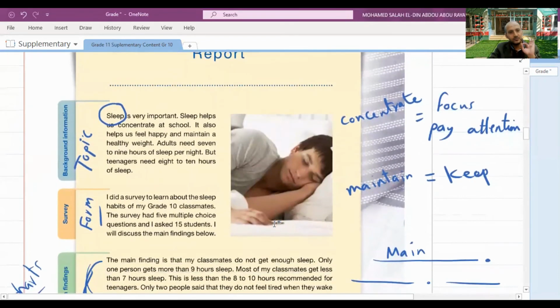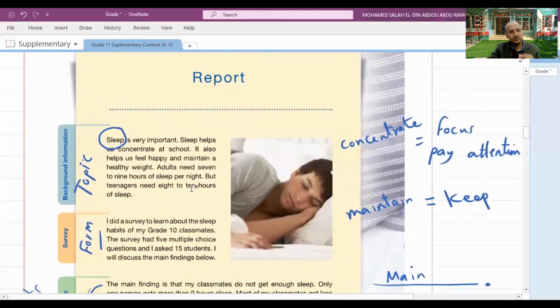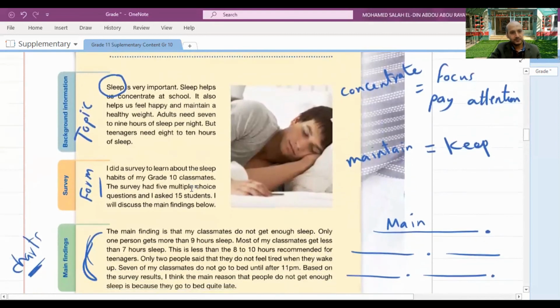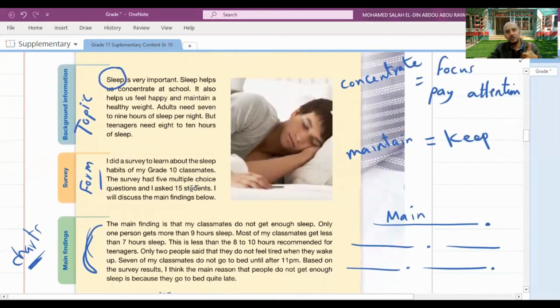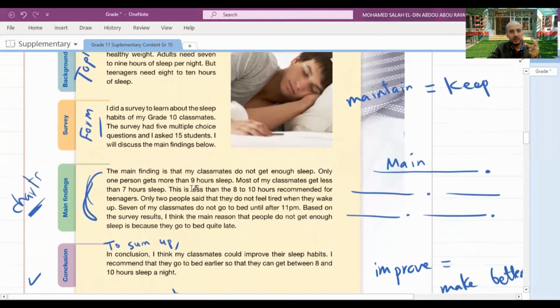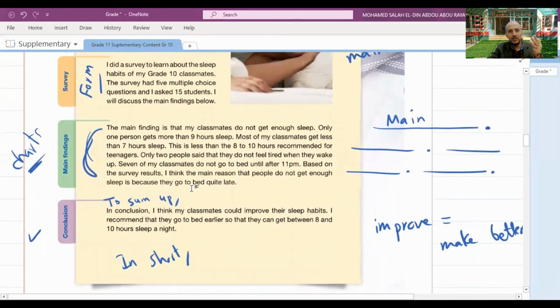When you write the report, please try to stick to this model: background information, the survey form, the main findings, all the findings generally, and the last one will be the conclusion.